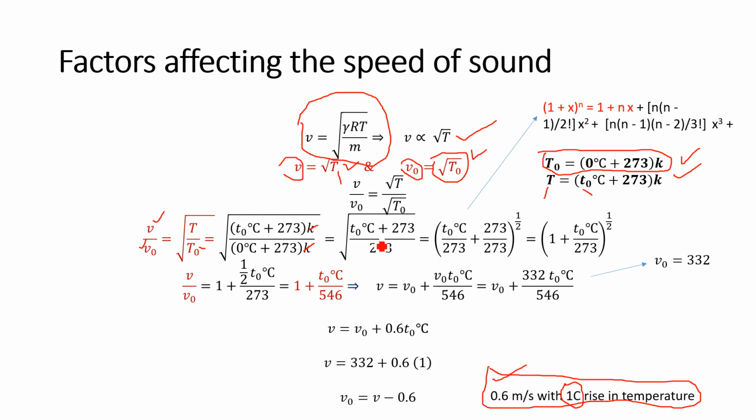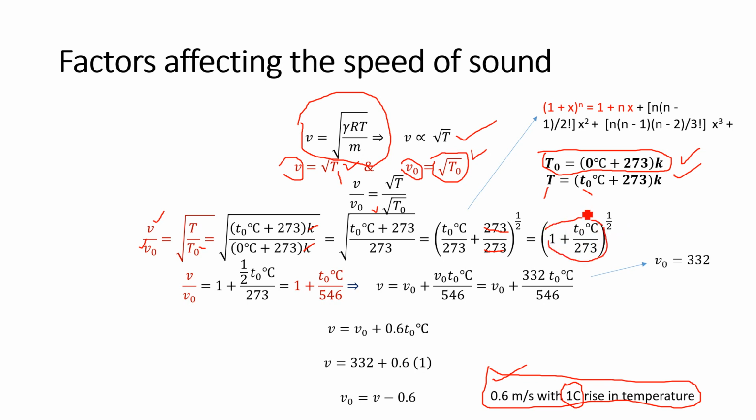Now dividing both of these terms by 273, this 273 will cancel out with this 273. The square root is represented by the power 1 over 2, and we will have the equation in the final form: 1 plus t degree centigrade divided by 273, to the power 1 over 2.